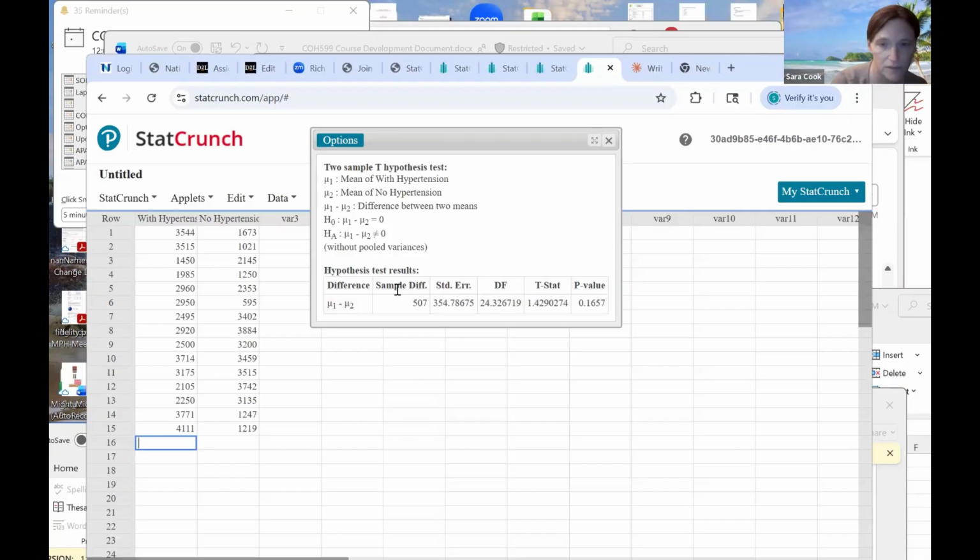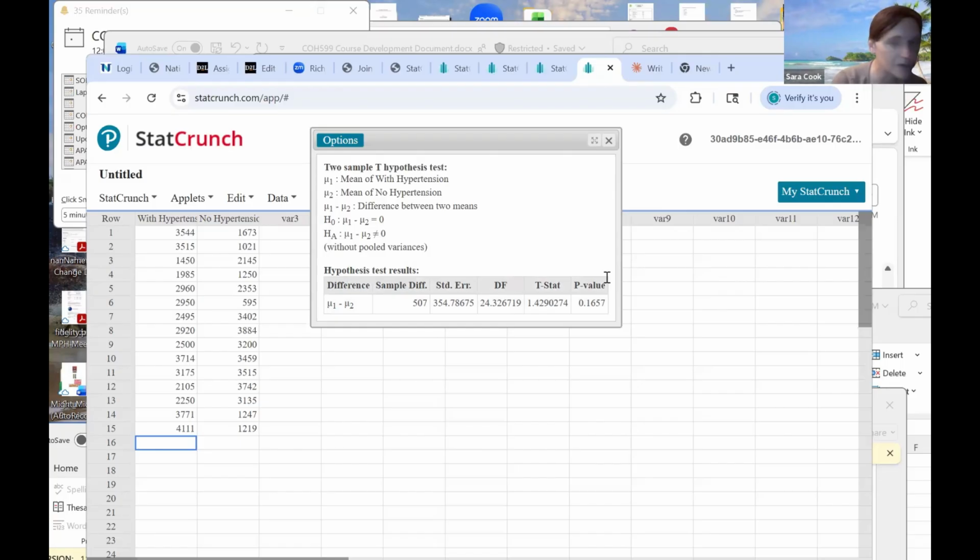There's enough variability in the data that this difference could have happened by chance. So even though we calculated a difference, it is not statistically significant.